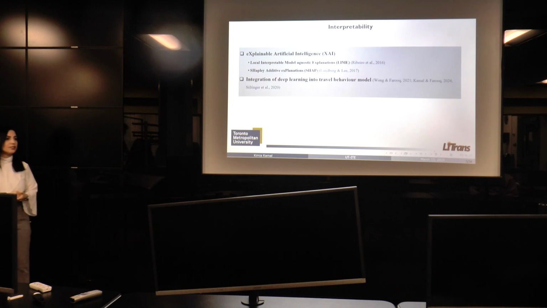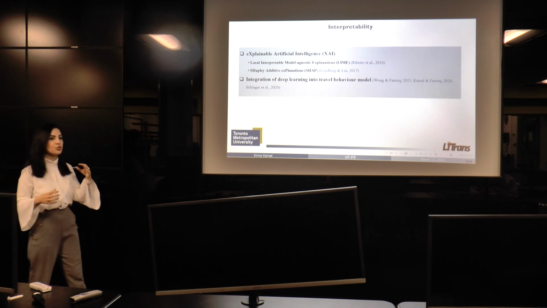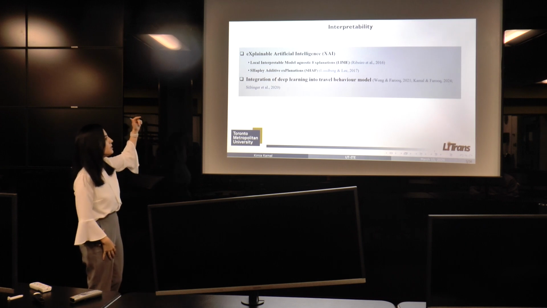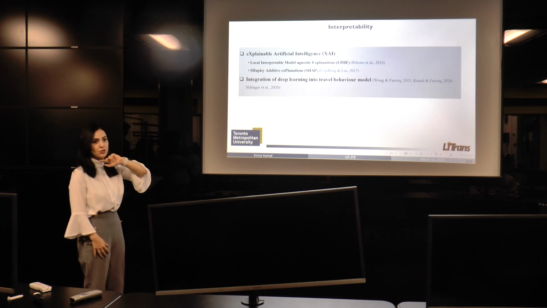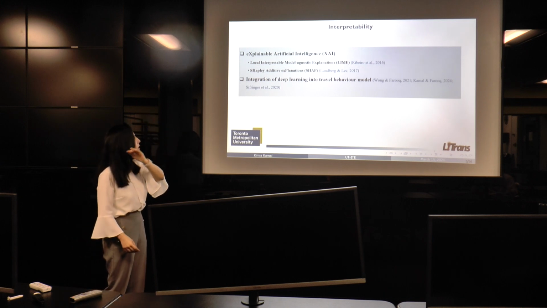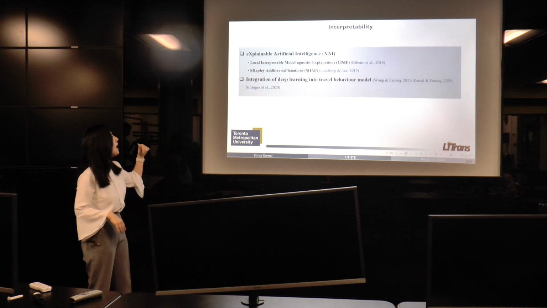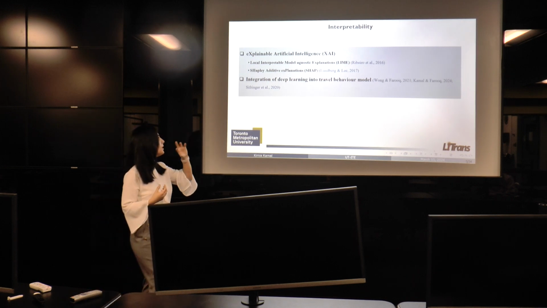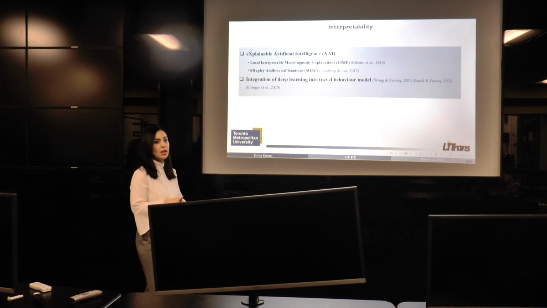In terms of interpretability, researchers try to overcome the lack of interpretability by using 2 approaches in the literature in transportation: using explainable artificial intelligence, and also completely integrating deep learning algorithms into travel behavioral modeling.